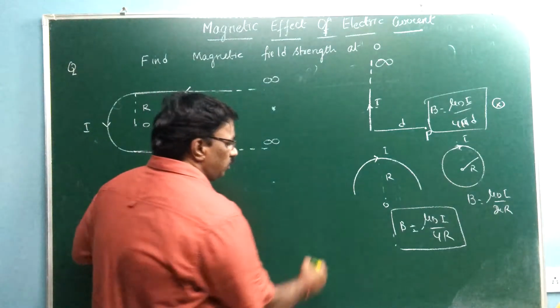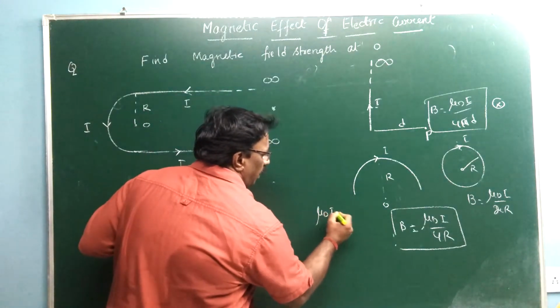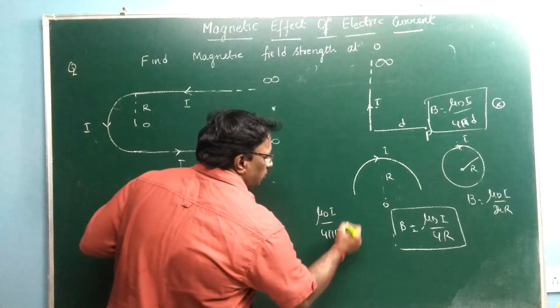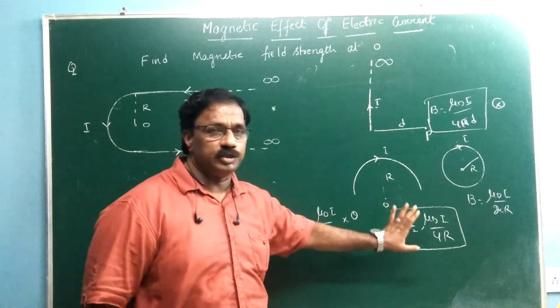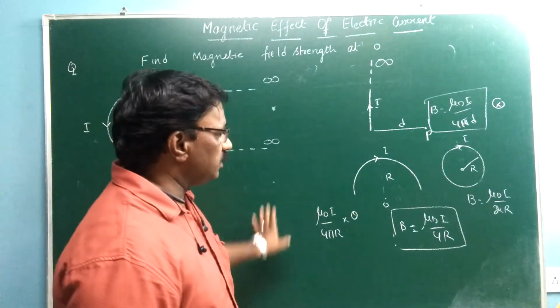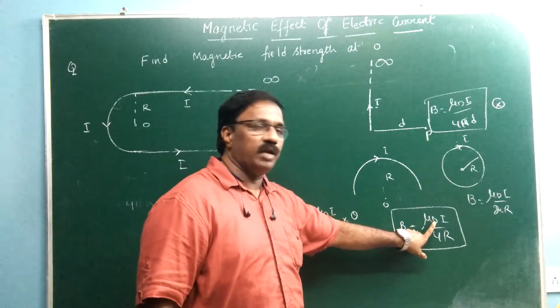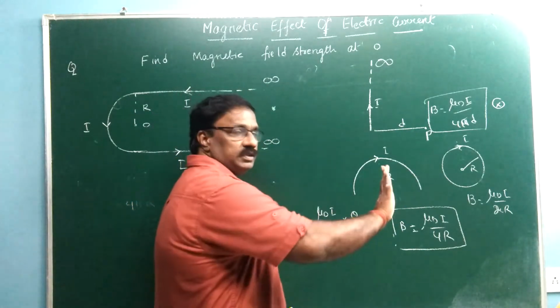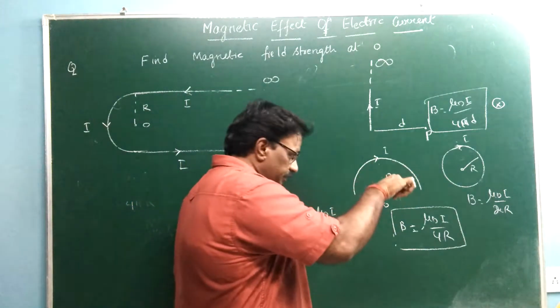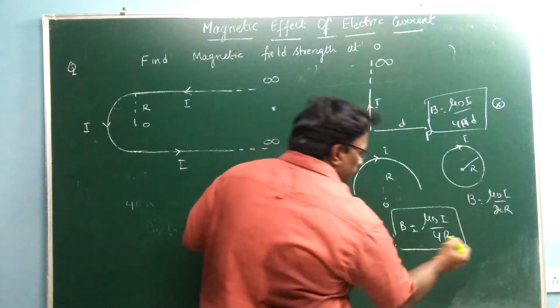Or if you have a doubt, you can use the formula mu naught I by 4 pi r into theta, where theta is in radians, to get the values for different shapes. At present I am using a semicircle, that's why the formula is mu naught I by 4r, and here it is mu naught I by 4 pi d. And if you see the direction like this, the field is into.